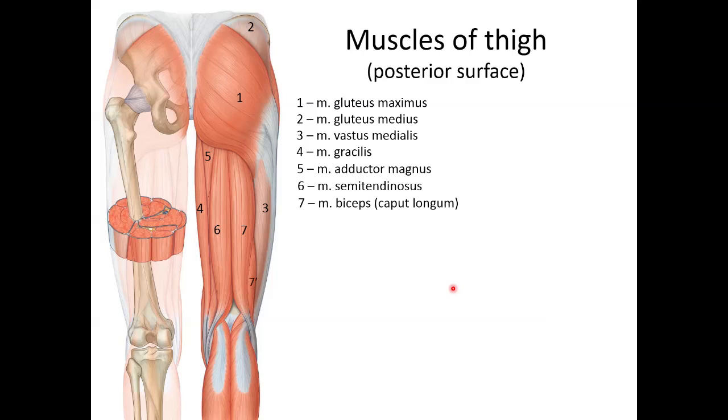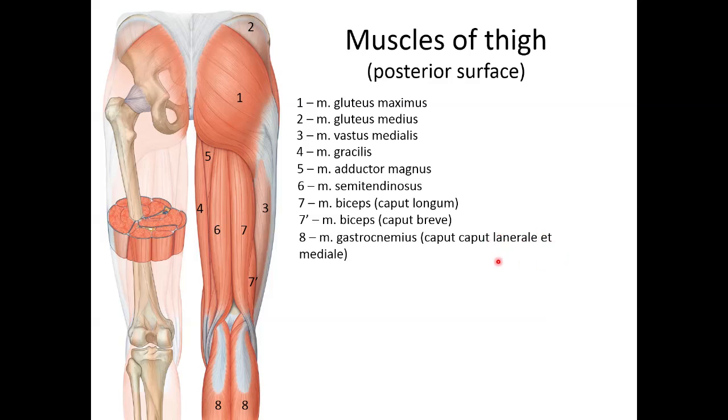And then number 8 from both sides, they are musculus gastrocnemius. They have two heads, caput laterale et caput mediale. Musculus gastrocnemius, caput laterale et caput mediale.